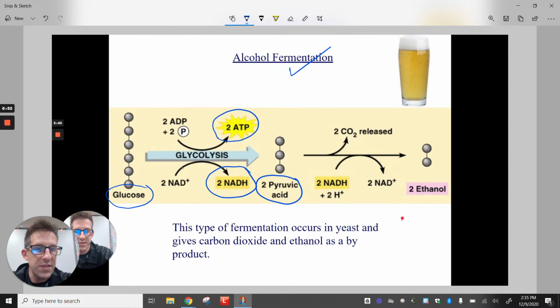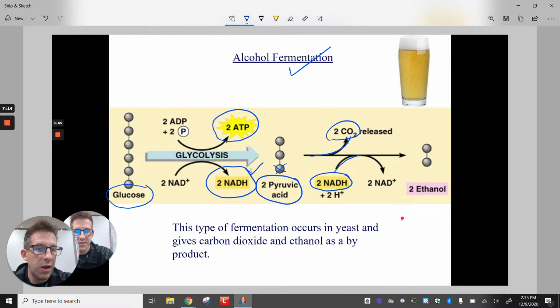So we're going to release carbon dioxide, okay? Since there's 2 pyruvic acids, we release 2 carbon dioxides, okay? So one of these carbons would leave off of the structure of pyruvic acid. And we would take the NADHs that were produced here, and we're basically going to break those down again.